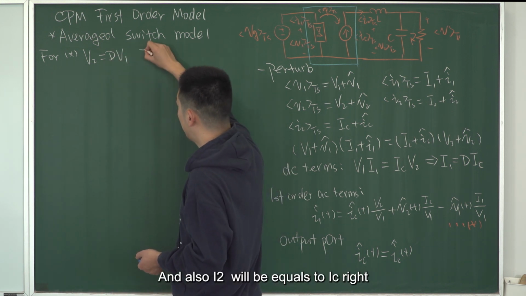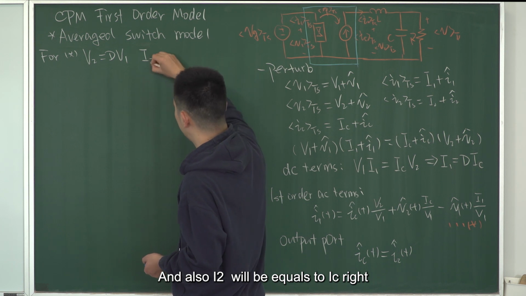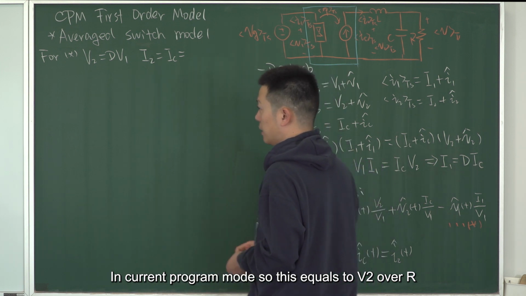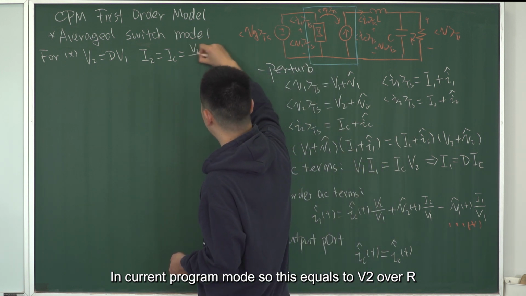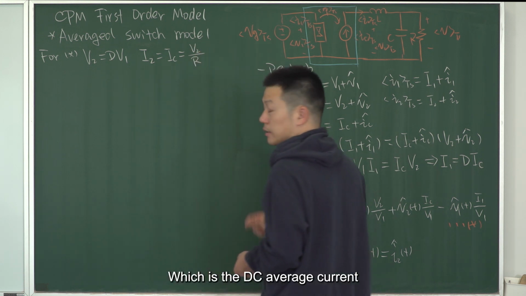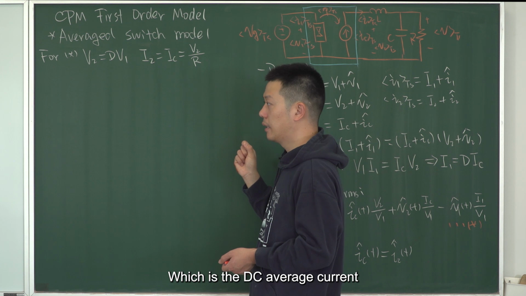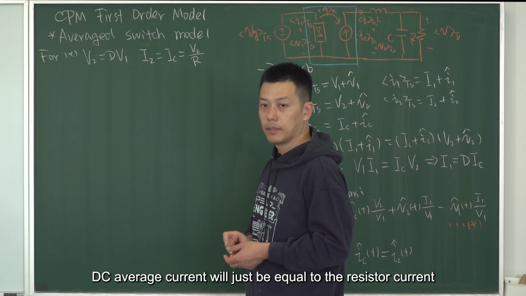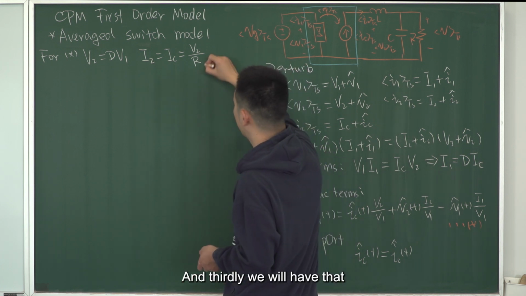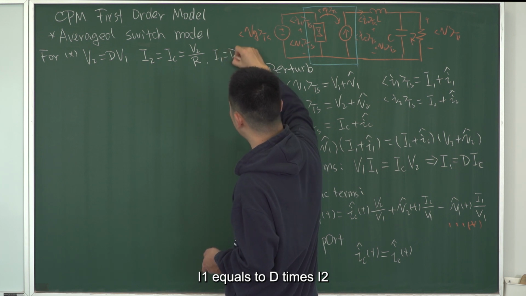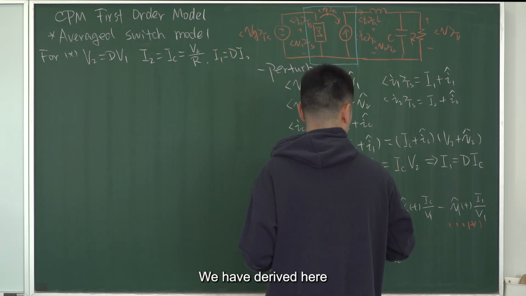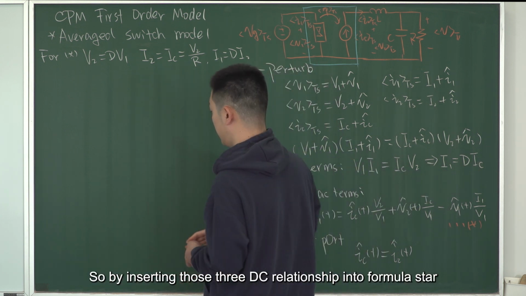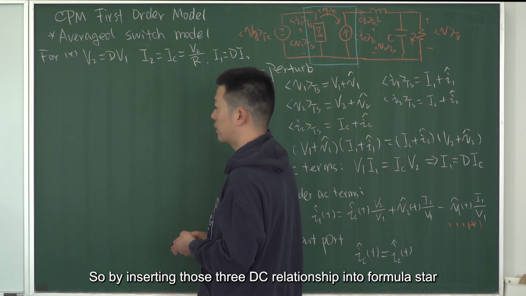Also, I2 equals IC in current program mode, which equals V2 over R, the DC average current, which is just the resistor current. Thirdly, I1 equals D times I2, which we have derived here. So we insert those three DC relationships into formula star.